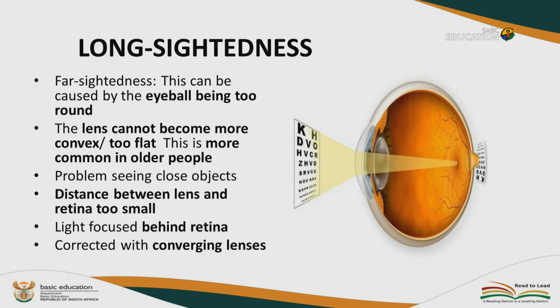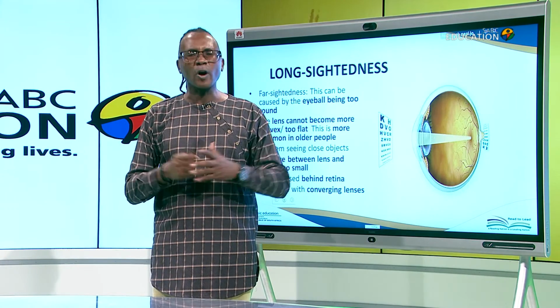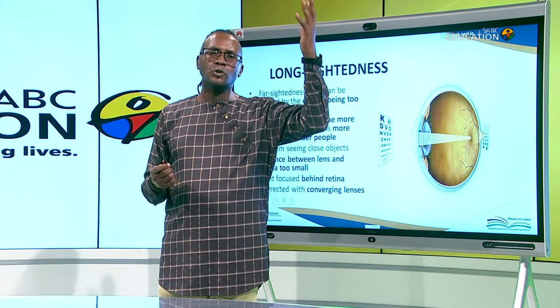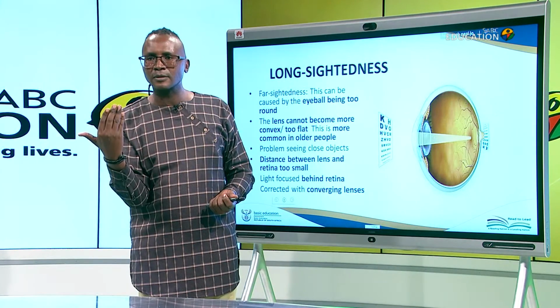The second sickness is long-sightedness. So now, short-sightedness, because the image falls just before the retina, what will be long-sightedness? Even here, if you master short-sightedness, it should be easy for you to master long-sightedness.